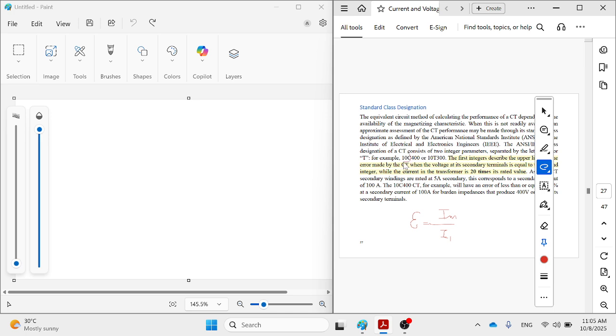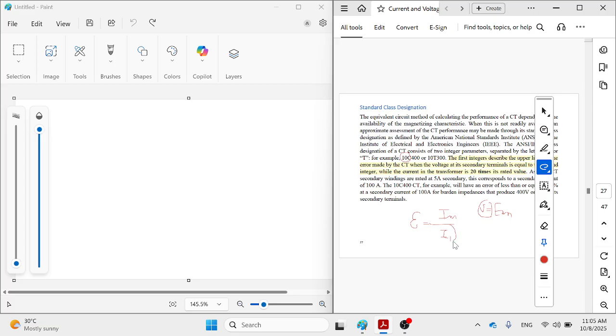The first integer number, which is here 10, also here 10, and the other one is the voltage at the secondary, which is considered the voltage across the magnetizing branch, which is mostly Em. So you can call it V or Em, and that one is epsilon.